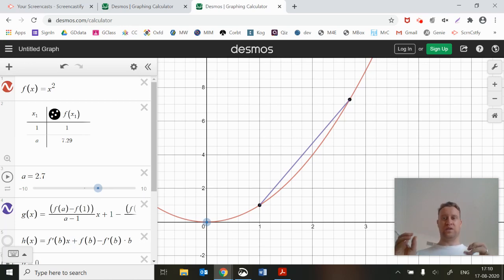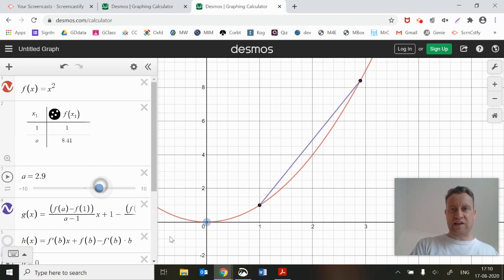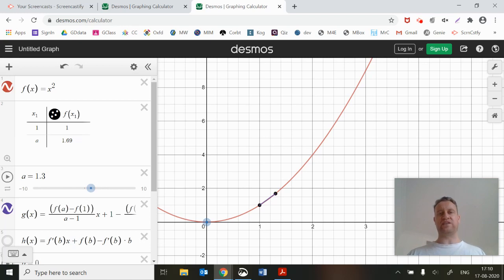And what we're going to do is actually take a point which is beyond our original point here. So our original point being 1, 1. And we're going to take that point which is beyond, and we're going to say, well, the gradient of this line here is very close to the gradient of the tangent. And as we bring that point even closer in, we're getting extremely close to the gradient of the tangent.